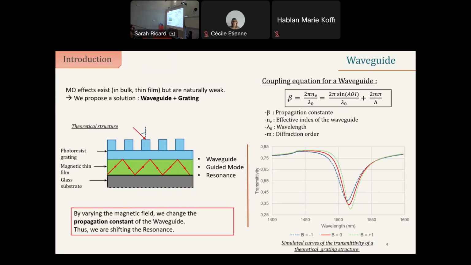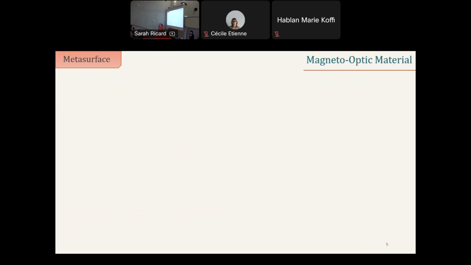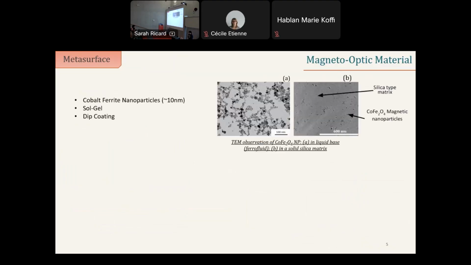So here we have this idea of a structure, and I will present in a little more detail what magnetic film we use. In our case, the magneto-optic material we're using in our team is cobalt ferrite, and more precisely, cobalt ferrite nanoparticles. We have cobalt ferrite nanoparticles in a liquid base, the ferrofluid, and next to it in a solid silica matrix.